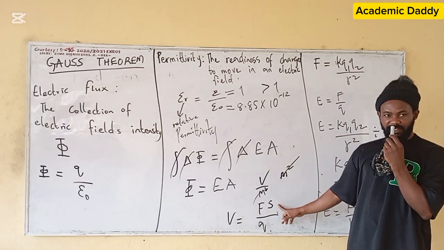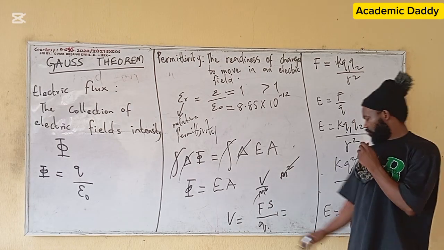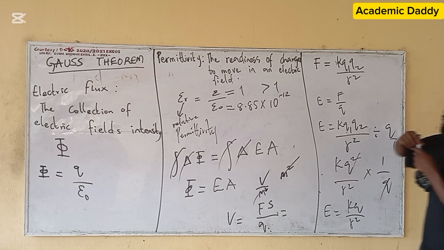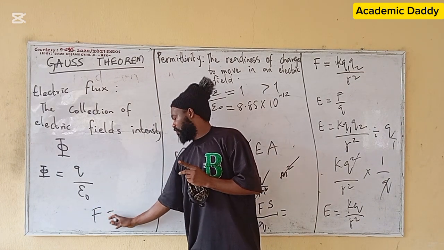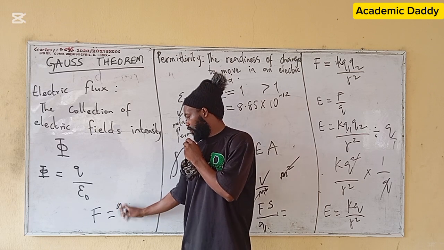And work done is Fs, over Q. So that means that V is equal to F over Q, times s. Do you remember? Please remember, I'm supposed to teach you this first. Force on a charge is equal to EQ or QE.